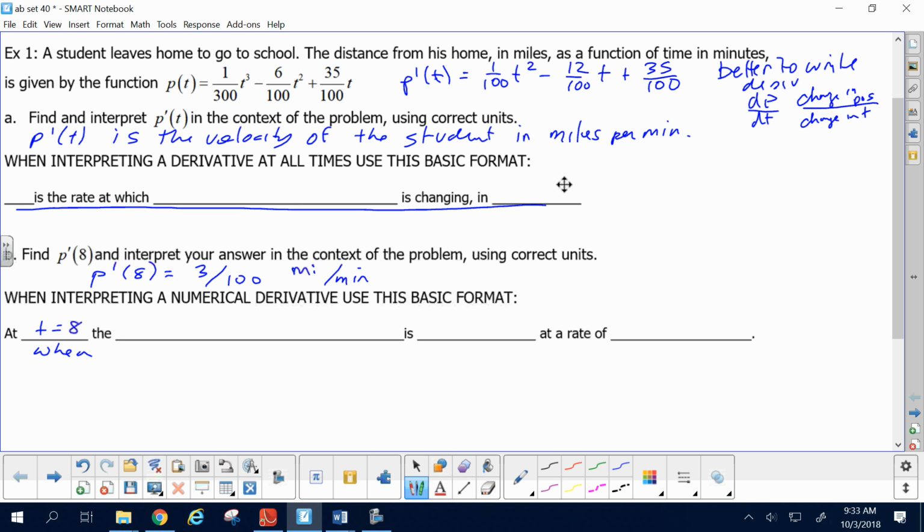At time equal 8, the velocity of the student is, and scratch that, that's more of a problem that's going to come later. And the velocity of the student is 3 100ths miles per minute. Cool? Okay.